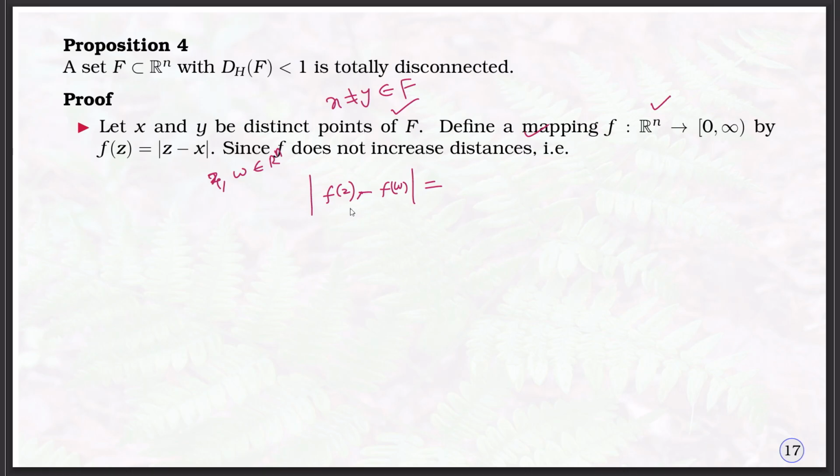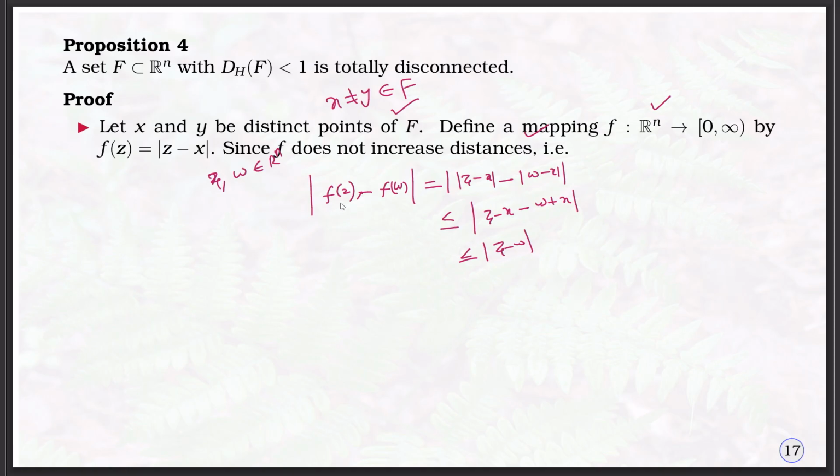Then modulus of f(z) minus f(w) equals modulus of z minus x minus modulus of w minus x. This is like modulus of a minus modulus of b, which is less than or equal to modulus of a minus b, that is, modulus of z minus x minus w plus x, which is less than or equal to modulus of z minus w.